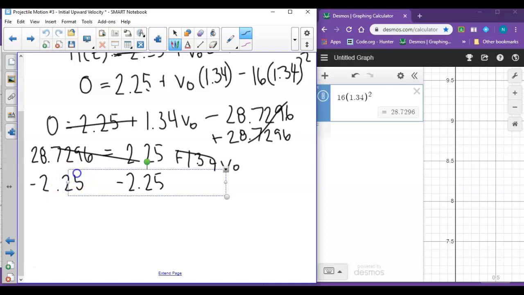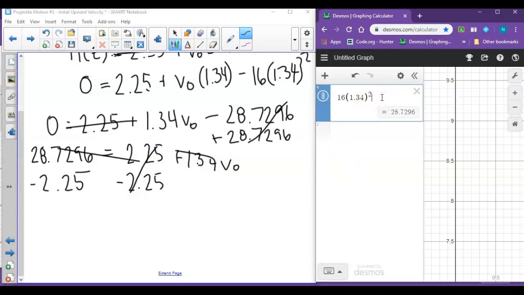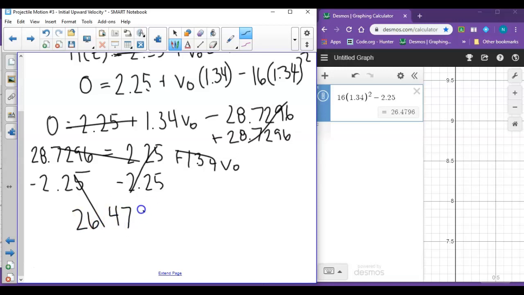If I take this value and subtract 2.25, I get 26.4796. So 26.4796 equals 1.34 v sub 0. Our last step here is to divide by 1.34.